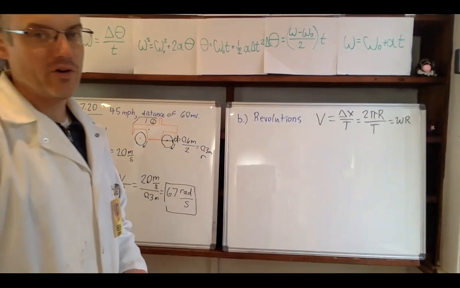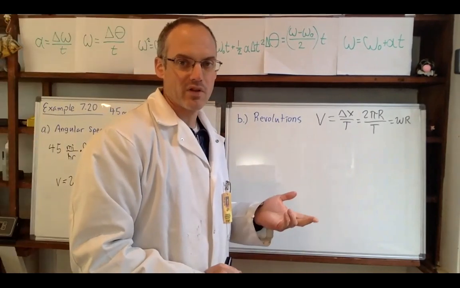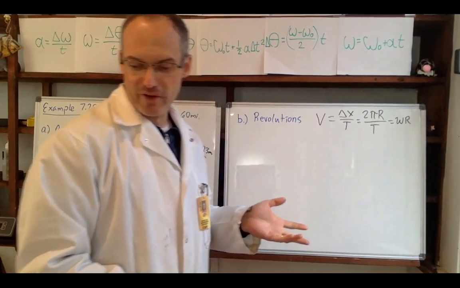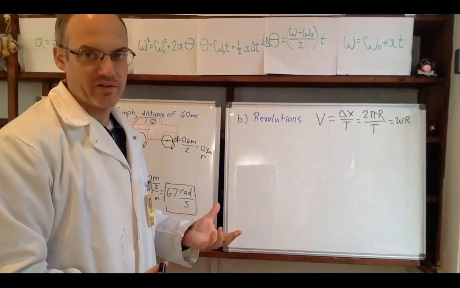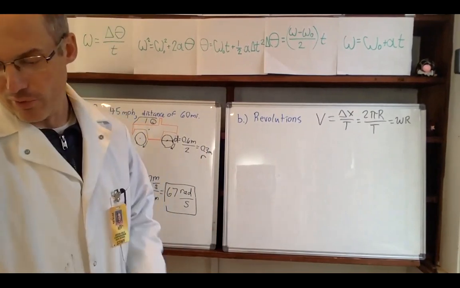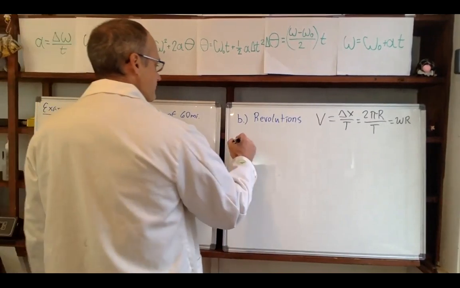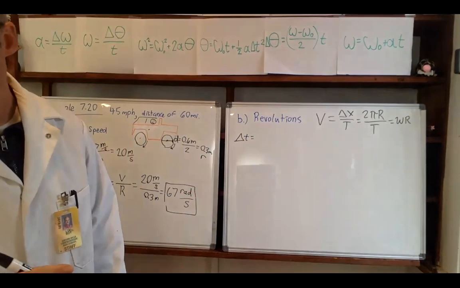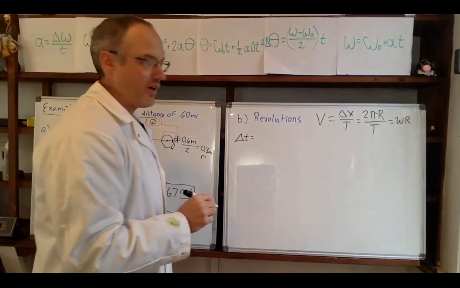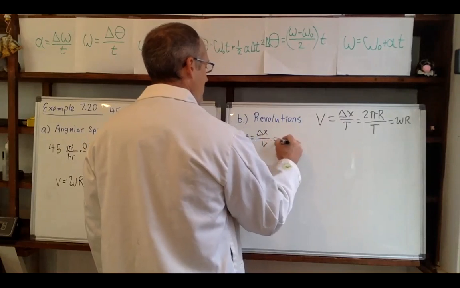Okay, now in order to figure out revolutions, we need to know time. So the easiest way probably to find time for this is to use miles per hour and miles, because we do know both of those quantities pretty well. If you remember, your change in time is really equal to the distance you've traveled and the velocity that you're traveling at.